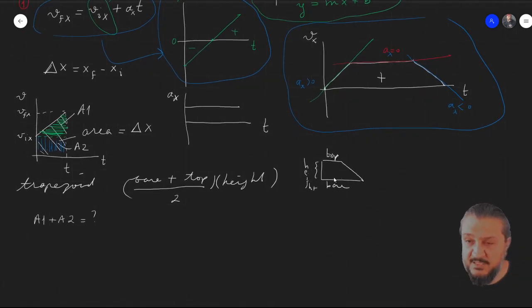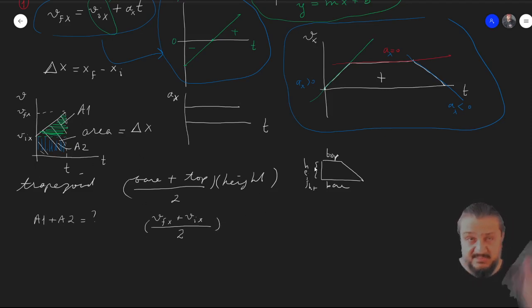So base would be the longer side, which is just V final x. And you add the top to it, which would be the V initial x. Divide by 2, and then multiply by the height. Height would be, remember this is 90 degrees rotated, would be just t.